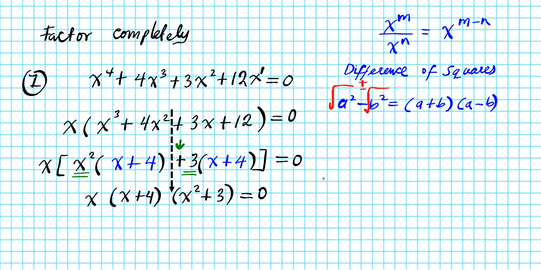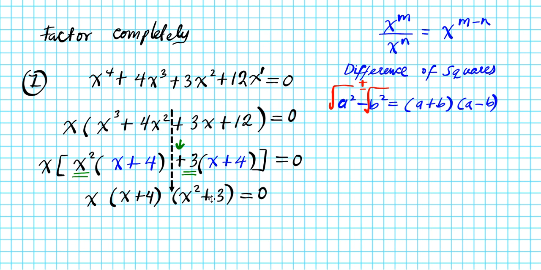Okay? The question now is, is the difference of squares formula applicable in the factorization of this quadratic binomial? X squared is a square, which is good, but take a look at the sign.